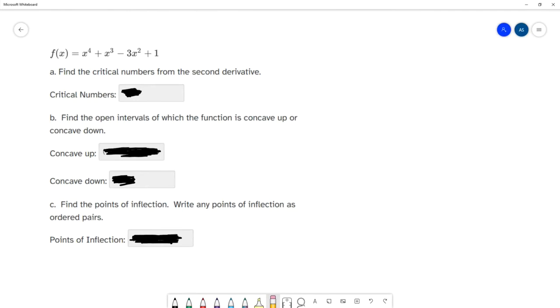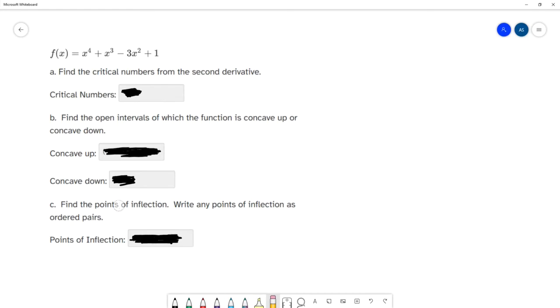On this question, we have the function f of x equals x to the 4th plus x cubed minus 3x squared plus 1. And we want to find the critical numbers from the second derivative. We're looking to determine intervals of concave up and concave down.